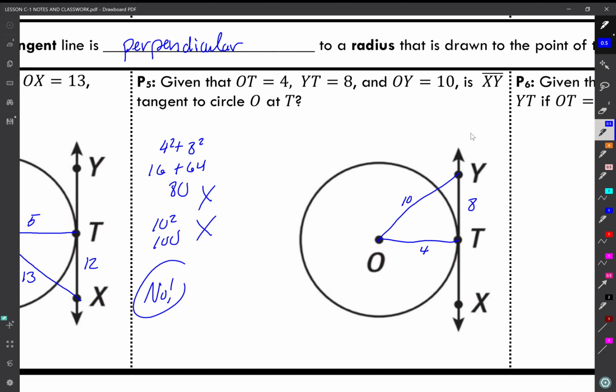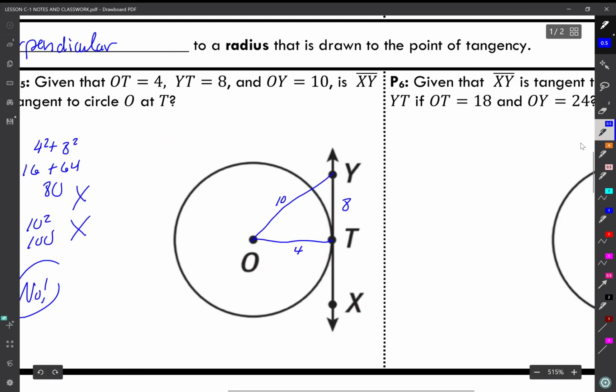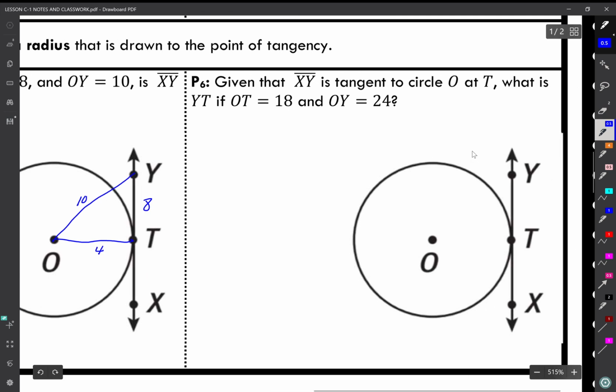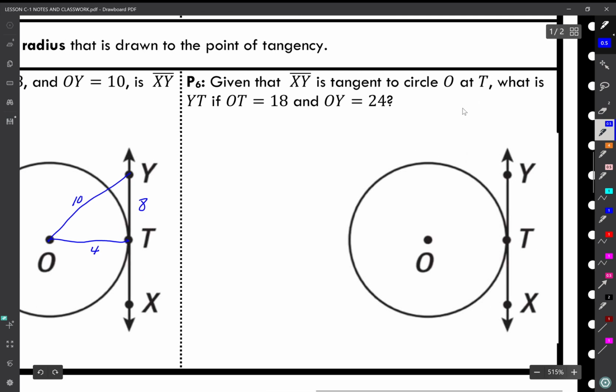Okay, and our last problem for this video: given that XY is tangent to circle O at point T. All right, stop there. I know that that's a right angle based on just that statement. Cool, finish. What is YT if OT is equal to 18 and OY is equal to 24? So we're just solving for the missing leg in this right triangle.